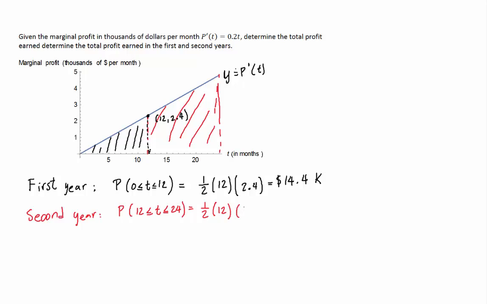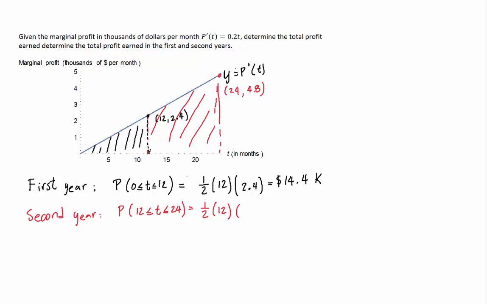But now remember that for a trapezoid, you have to do the average of the heights. So basically that 1/2 needs the summation of the heights here. The first height is 2.4, and for the second one you evaluate at 24, and it would be 4.8.